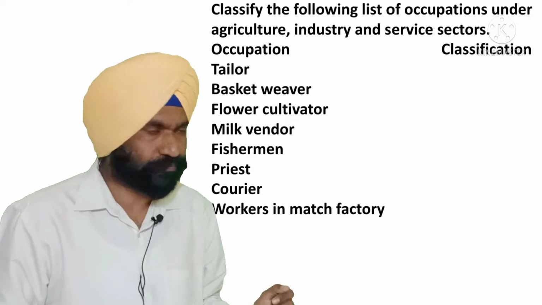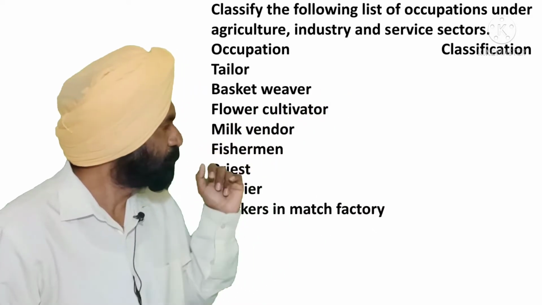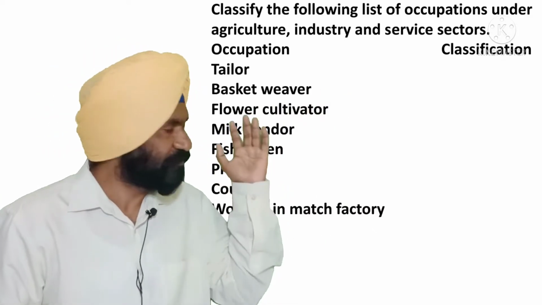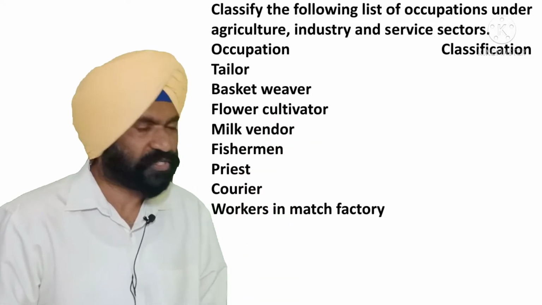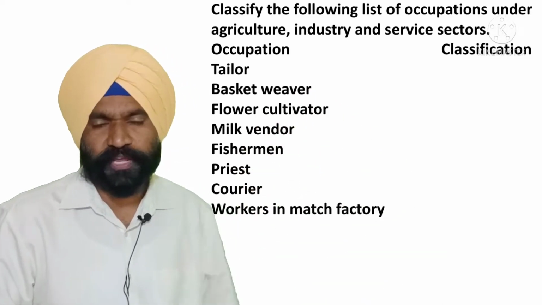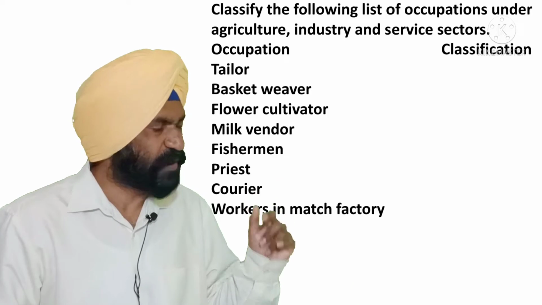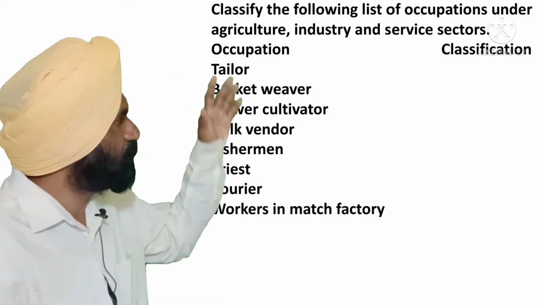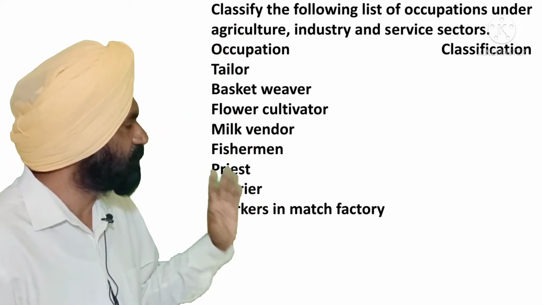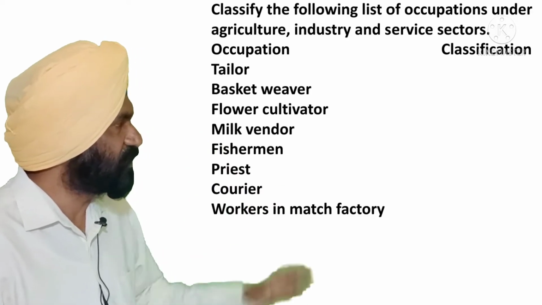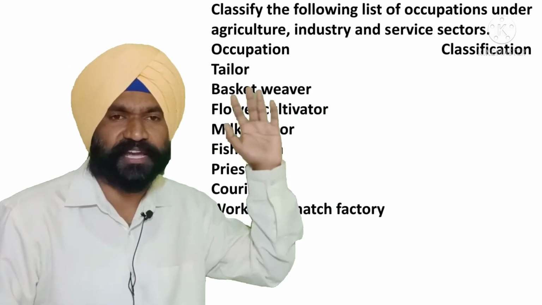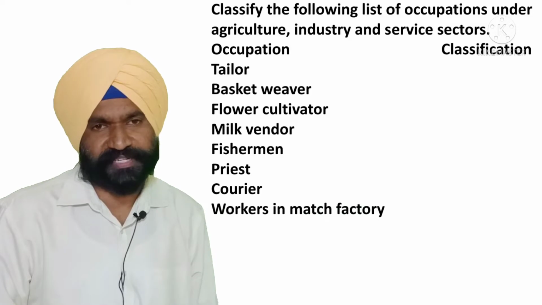Basket maker, then flower cultivation, milk vendor, the fisherman, the priest, the courier boy and the workers in a match factory. All these people are indulging in some activity, either primary, secondary, or tertiary, the service sector.